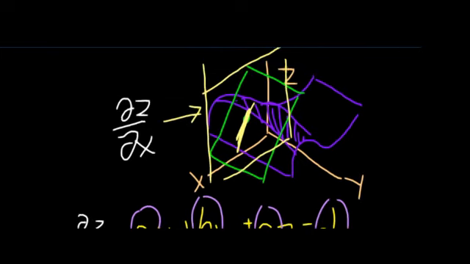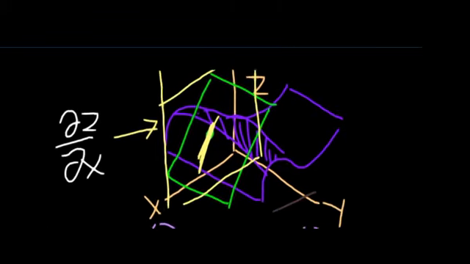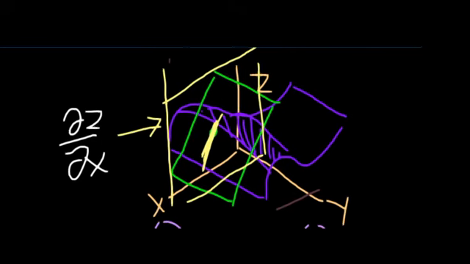If we were to slice a graph in the direction parallel to the y-axis, it's going to look something like this, where the slope looks pretty much zero.